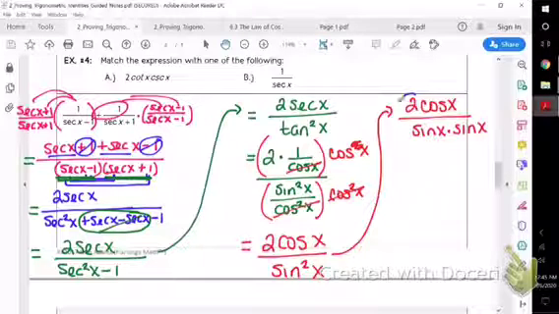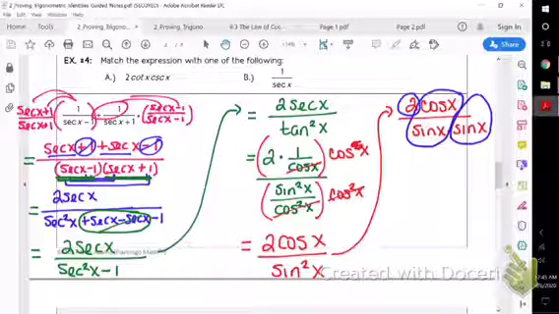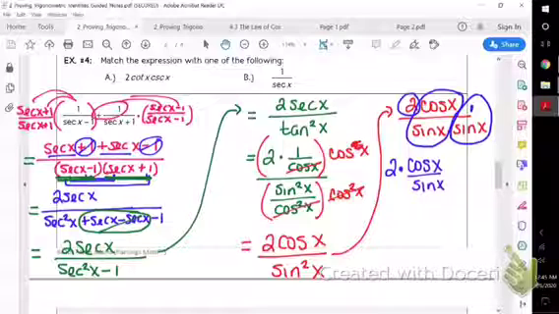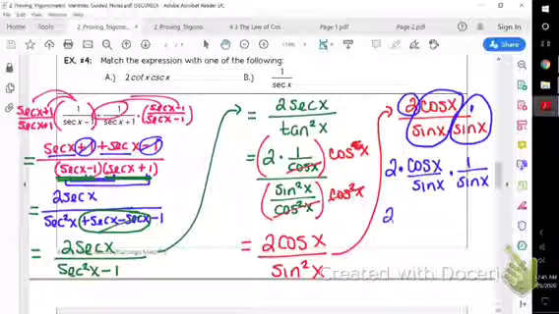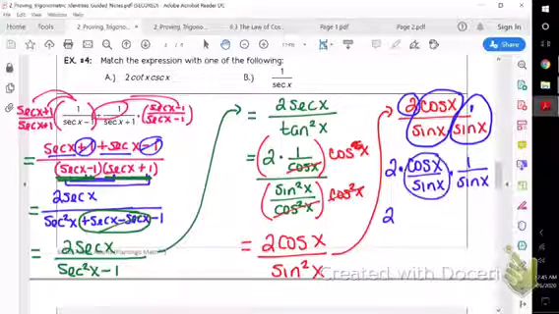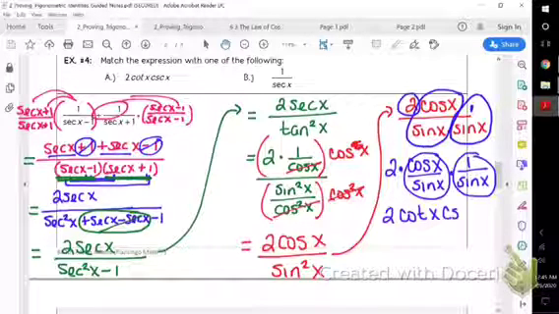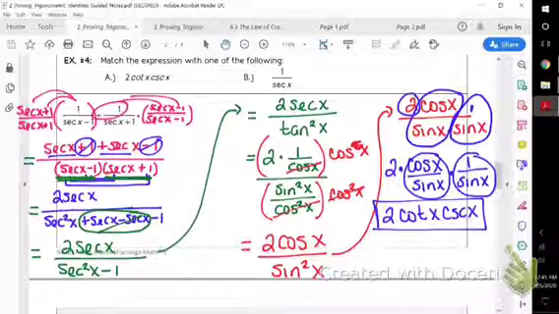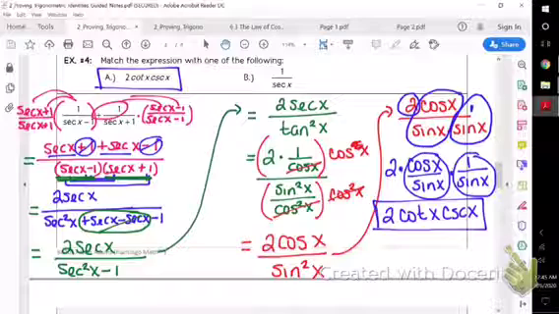I've got my 2. Cosine over sine. And then I've just got the sine of x on the bottom, so we know there has to be a 1 there. So let's separate it. So we've got 2 times cosine over sine times 1 over sine. What is cosine over sine? Cotangent. What do we know about 1 over sine? That's cosecant. And look, that is answer choice A. So there's our solution.